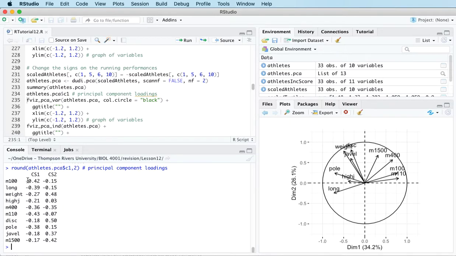And when we do that, we get a nice consistent interpretation of the first component. We'll see that if I draw the graph, the biplot.